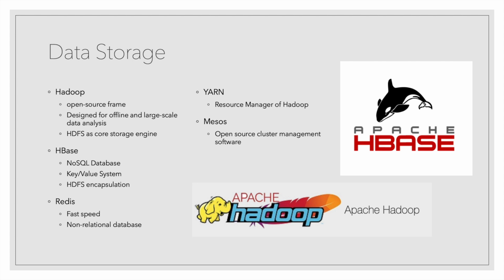Then there is HBase, a NoSQL database, a key-value system, which encapsulates HDFS. And Redis is a very fast non-relational database. And the other two, Yarn and Mesos, are resource managers.